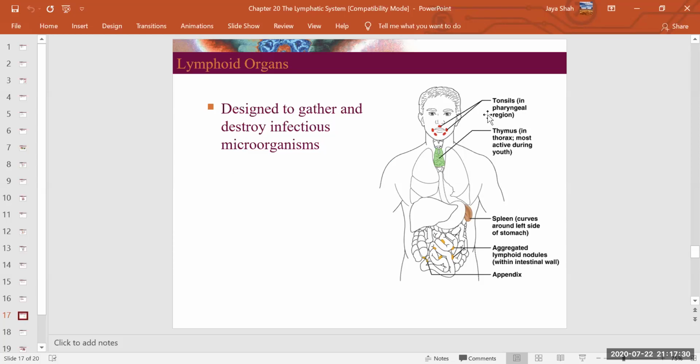You see, tonsils are the submucous lymph nodes posterior to your mouth, then the thymus behind your sternum, then the spleen, the largest lymphoid organ here. The spleen has one more function because it destroys old red blood cells, and then aggregated lymphoid nodules are in the small intestine under the mucosa, and the appendix hangs from your cecum in the large intestine. These are the lymphoid organs.